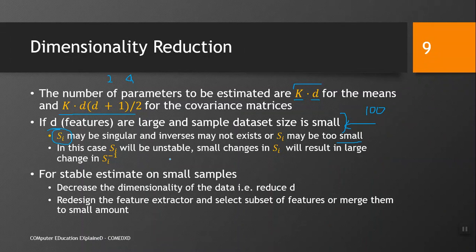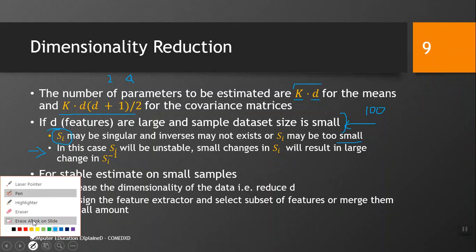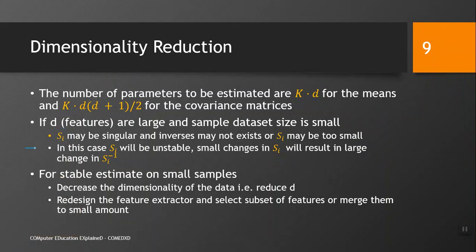Small changes in S_i will result in large changes in S_i inverse. So what does this point tell? It tells us that if the number of features in our data set is large and the number of instances is small, then the introduction of one instance with different kinds of values would change the behavior of our model to a large extent.